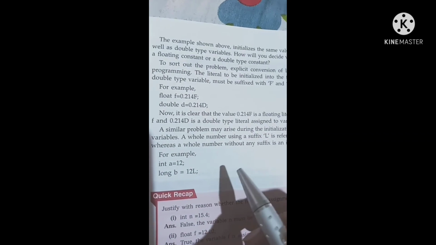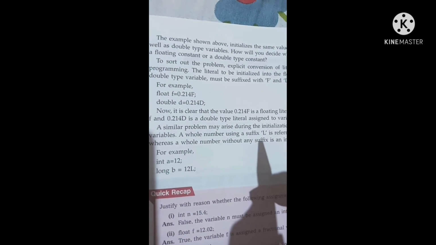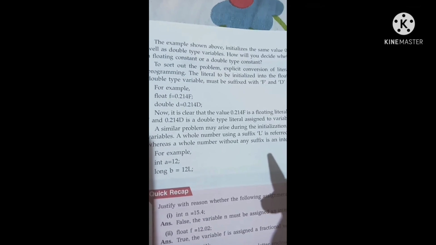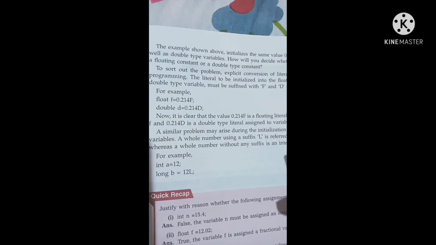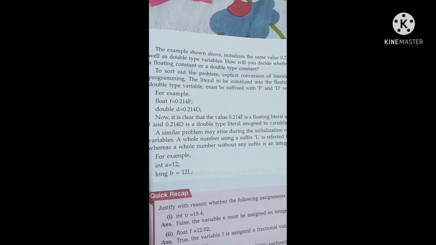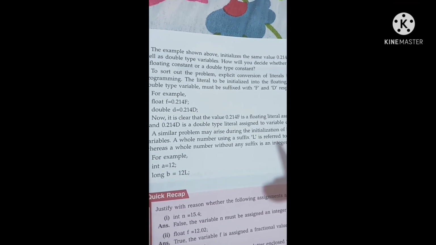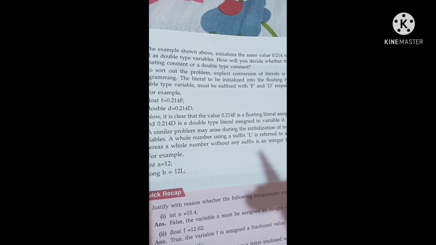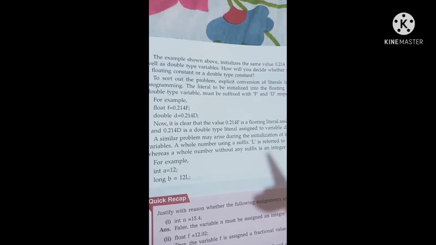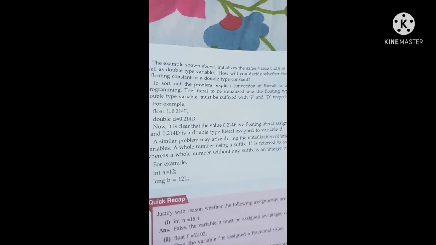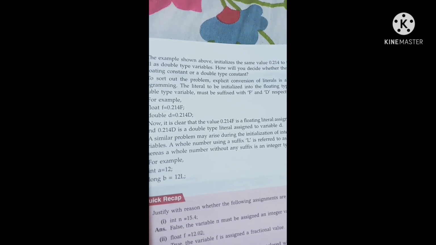Okay, so I hope you understood the difference between implicit and explicit. That is very, very important. Implicit means in a statement it will take the default highest data type, and in explicit data type conversion you can choose your desired data type.